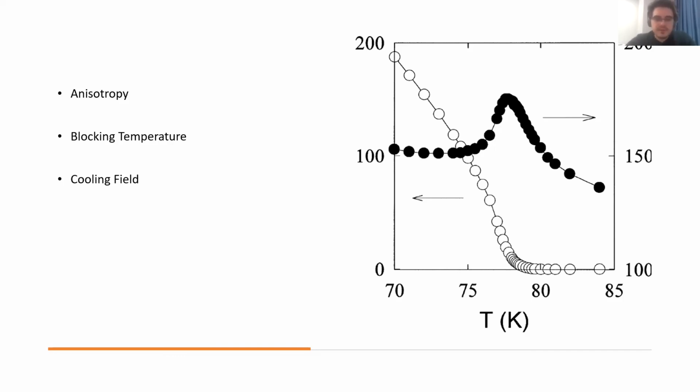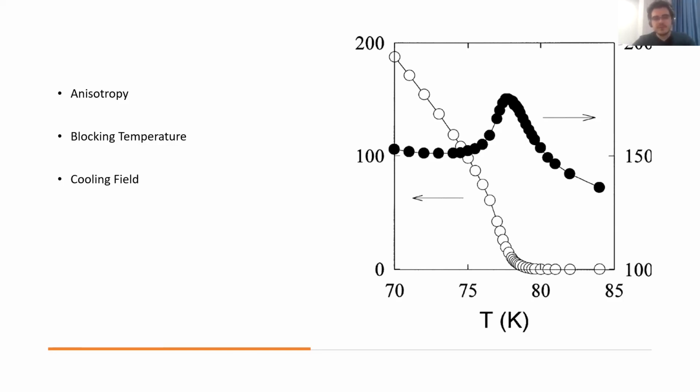And the cooling field in general does not affect the exchange bias field, but in some materials, iron difluoride for example, the cooling field is really important. When you increase the cooling field in, for example, iron difluoride, after a certain point, if you keep on increasing it, iron difluoride starts to show positive exchange fields.